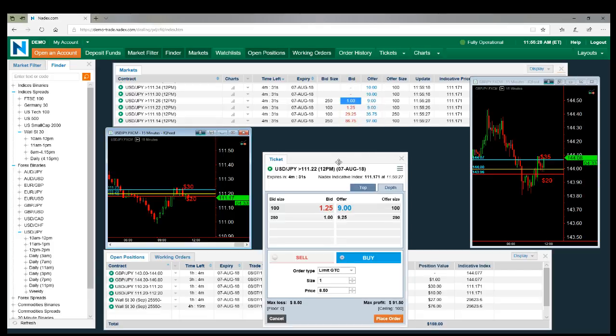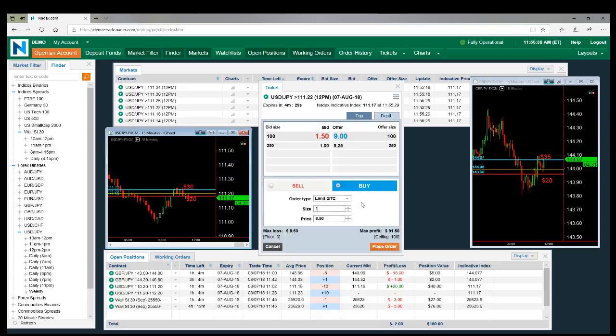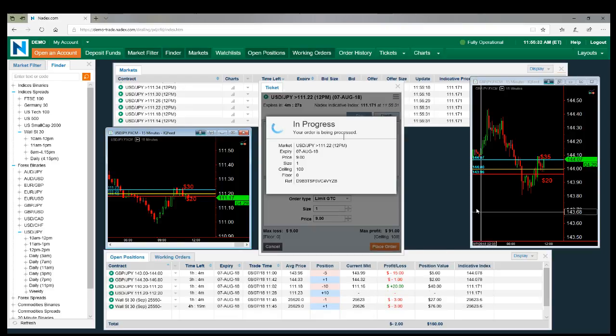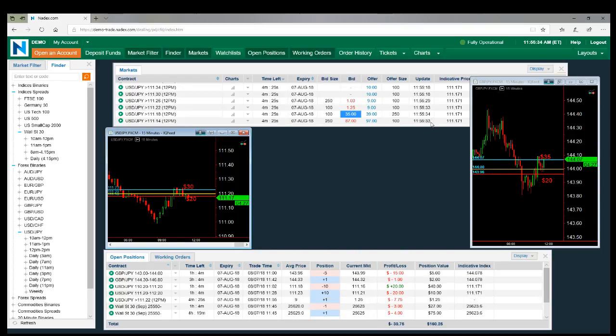If I think there's a potential for that to move up, I'll actually come in here and do it for $9. What does it have to move? Well, right now it's at 17. The strike is at 22. So you've got 5 pips. Could it move 5 pips in 6 minutes? The yen could.